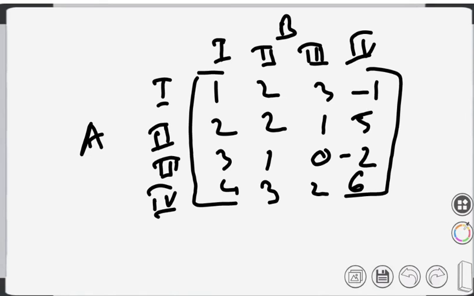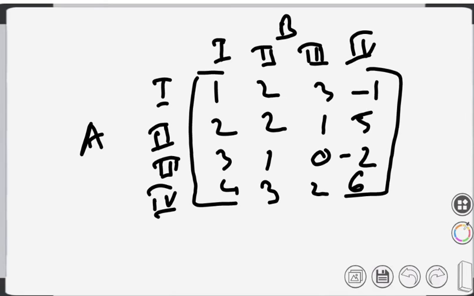First, what you need to do is row min and column max. Please do not forget that. Even if I am doing mixed strategy, that does not necessarily mean it will be a mixed strategy. First you have to check whether a saddle point exists or not.